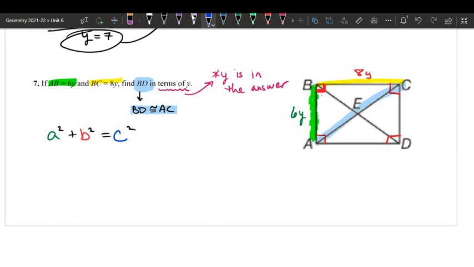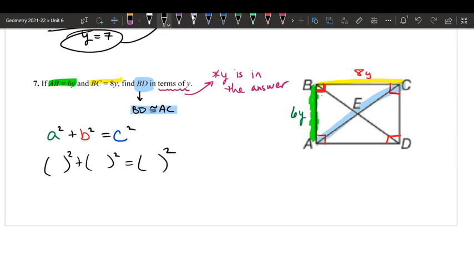Then instead of using the letters A, B, and C, I'm going to fill in what I have from the problem. So parentheses squared plus parentheses squared equals C squared.